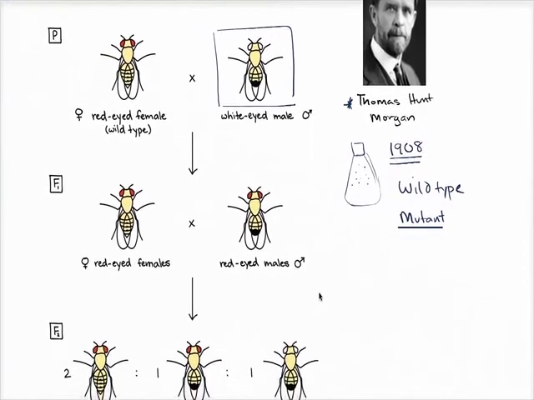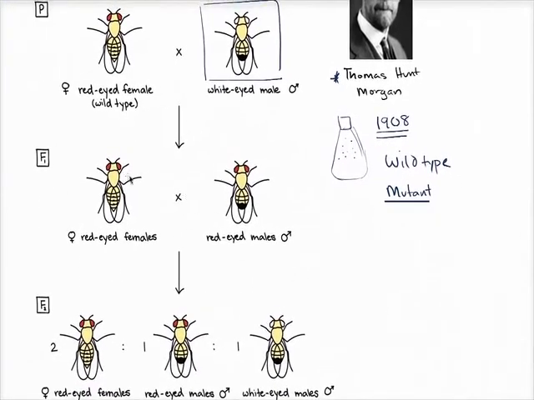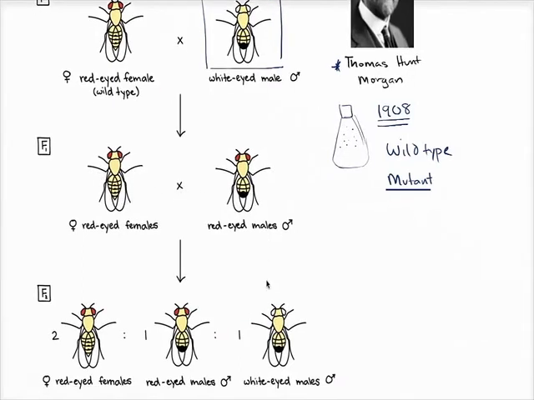But then, when he crossed these to each other, and I know what some of y'all are thinking, wait, aren't they all brothers and sisters being crossed to each other? Well, yeah, they were probably half brothers and sisters if they came from different mothers, but some of them could have been brothers and sisters. But yes, that's what people are talking about when they're crossing the F1 generation. But when they crossed these with each other, he saw a pretty interesting pattern.